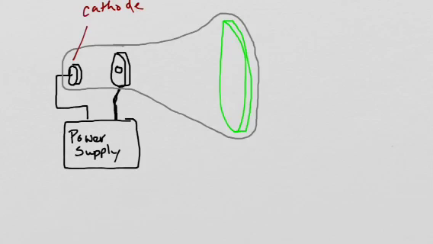When the vast majority of the air is evacuated out of this glass tube, this sealed structure, so the gray is the glass tube, with the help of a pump, we turn on the power supply down here, and it's going to send large amounts of voltage, so a huge electrical current, through these two plates.